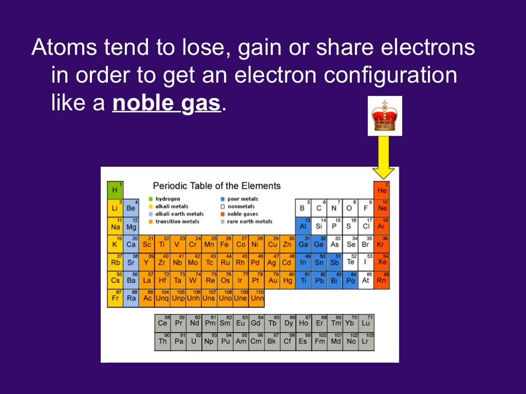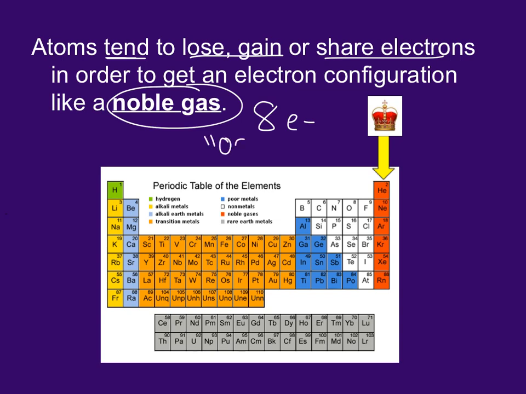It will be important to us when we learn about things like electronegativity and ionization energy to understand the concept that atoms tend to lose, gain, or share electrons in order to get an electron configuration like a noble gas, meaning 8 electrons in the outer shell, also known as an octet.